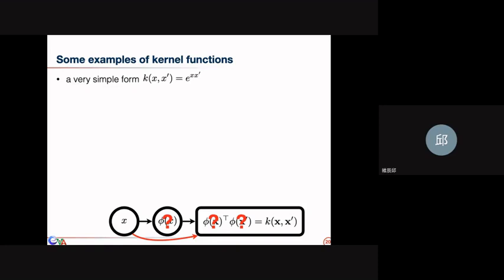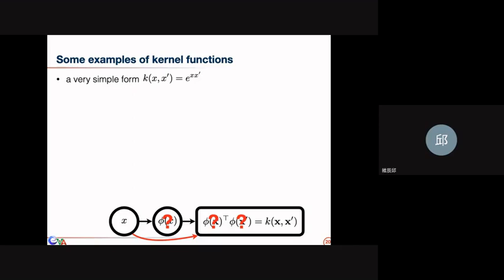So again, following this idea, once I know how to compute a kernel and I know this kernel is related to a certain feature representation, then it's already good enough to continue. Now let's consider this simple kernel computation.